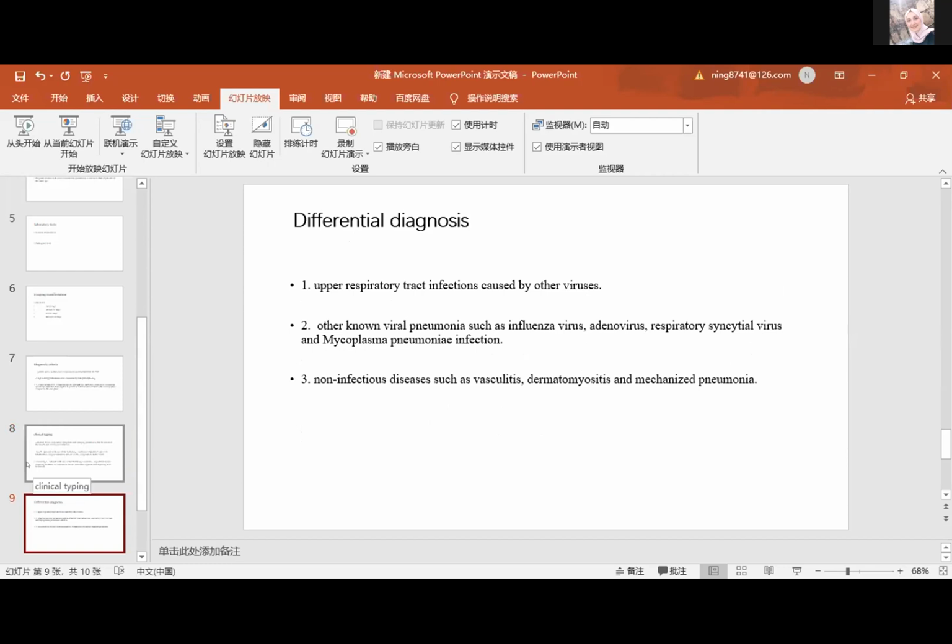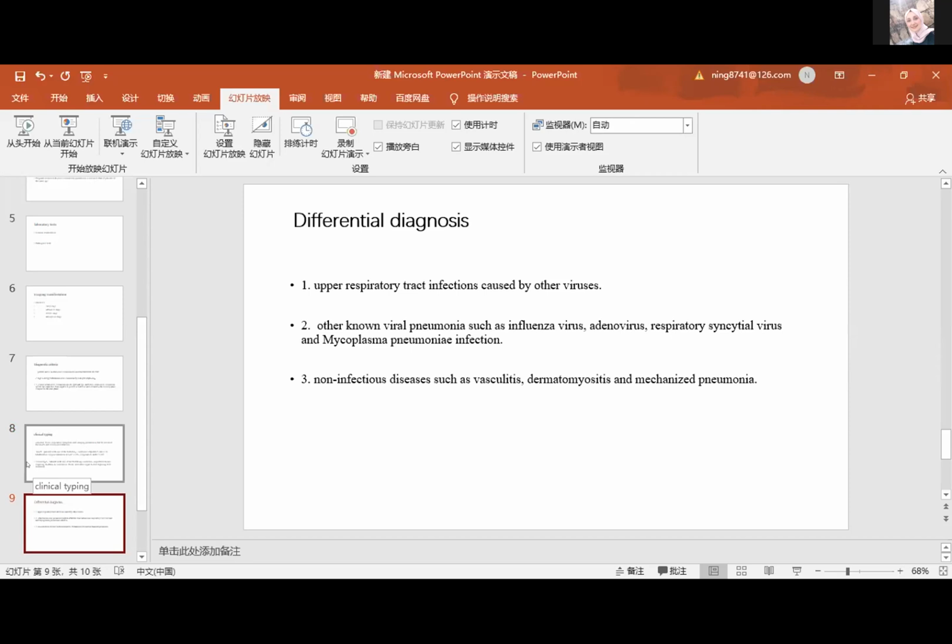Now, let's look at the differential diagnosis. The mild manifestations of novel coronavirus infection need to be differentiated from upper respiratory tract infections caused by other viruses.